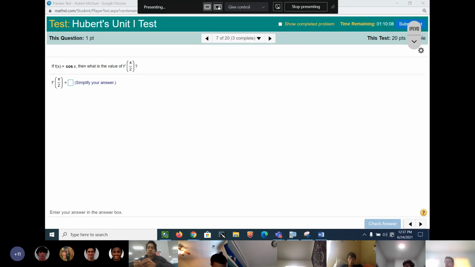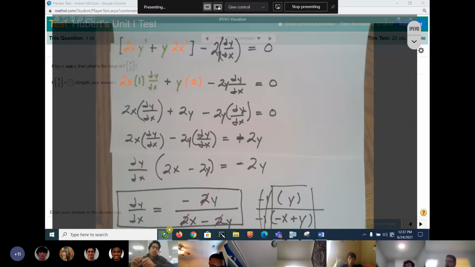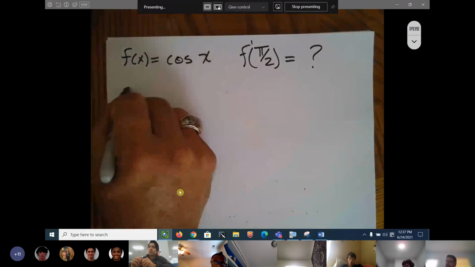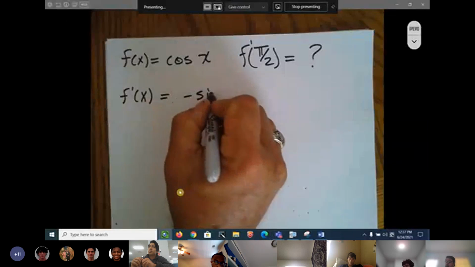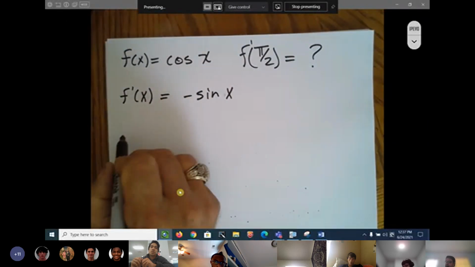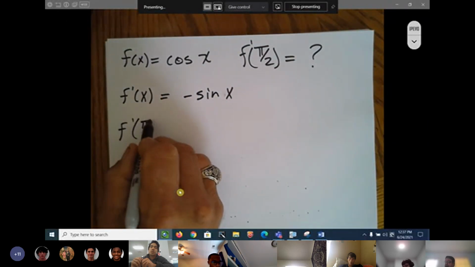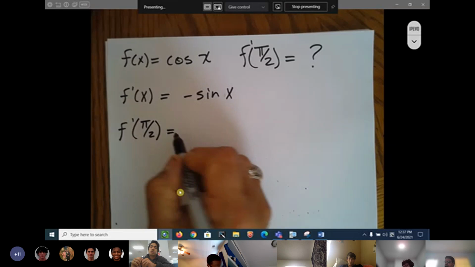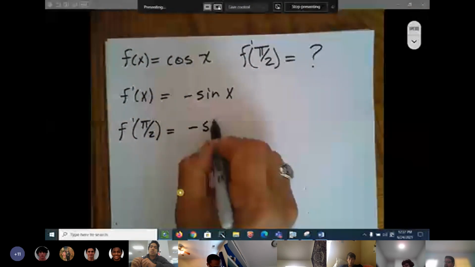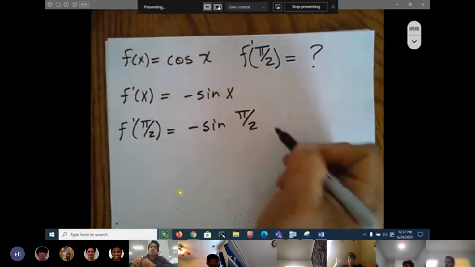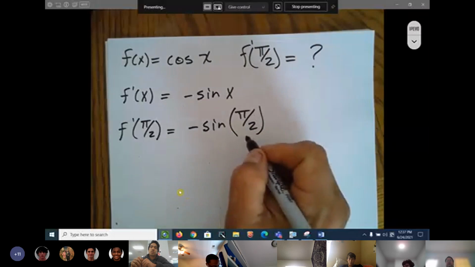All right, what is the derivative of cosine? Derivative of cosine is negative sine, Hubert. So f prime of x is equal to the negative sine of x. F of negative pi over 2 is equal to negative sine of pi over 2. And what is the y coordinate of 90 degrees? 1.